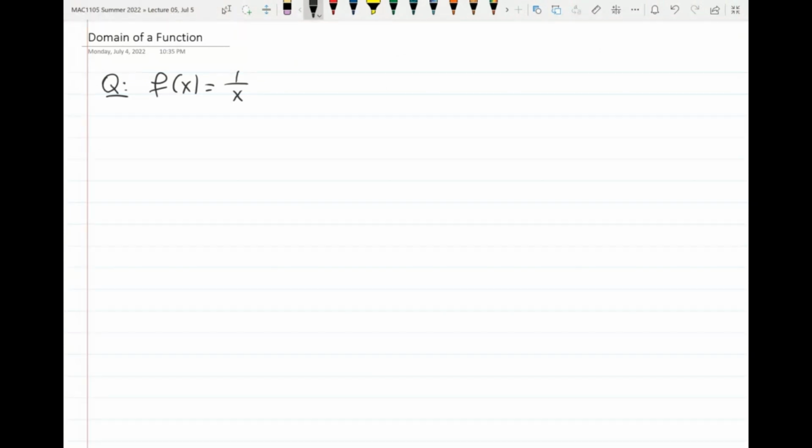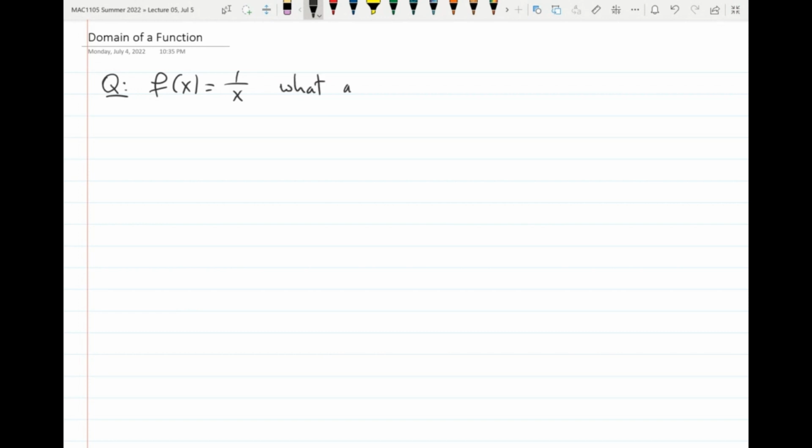Okay? So this receives a number, and the output flips the number, 1 over that number. The reciprocal. This is called the reciprocal function. And then the question that I want to ask is, given this function, what are the values that x cannot be? In other words, is there a value that we are forbidden to plug into this function? That's what we're trying to figure out.